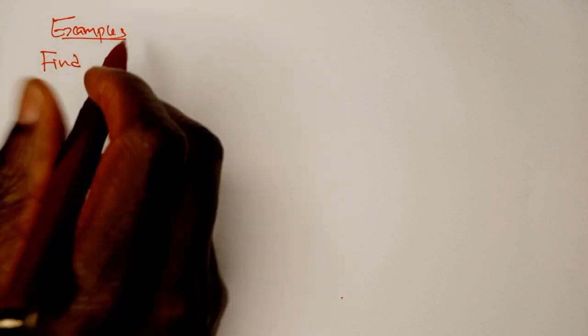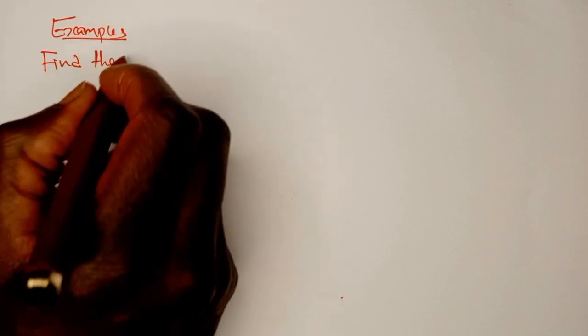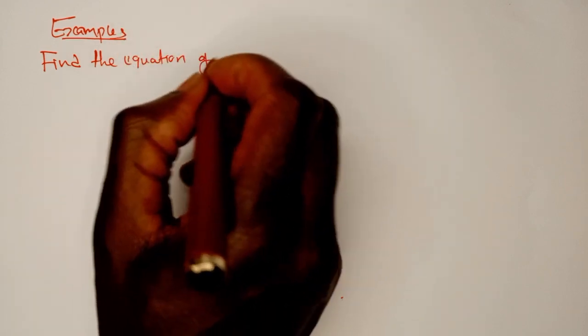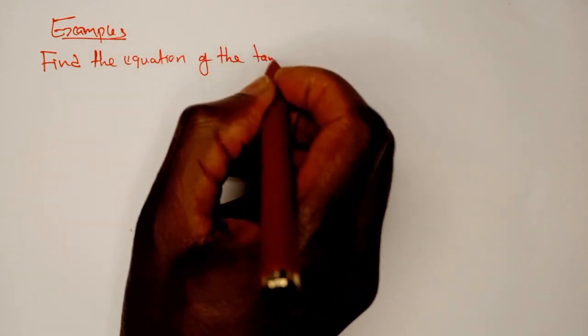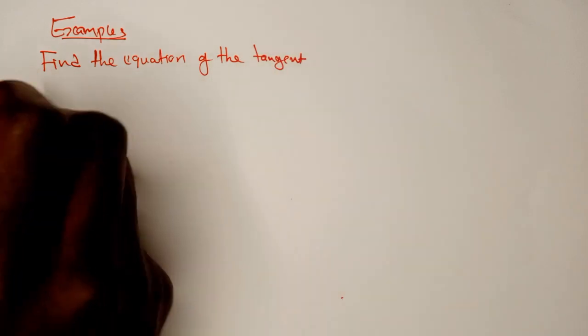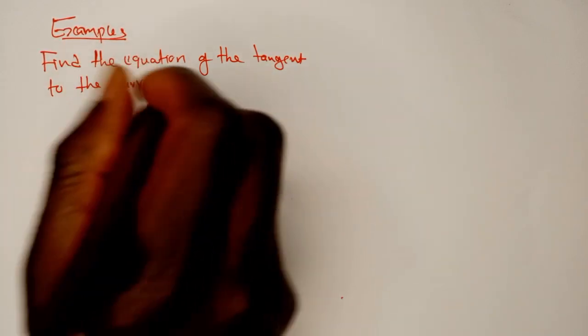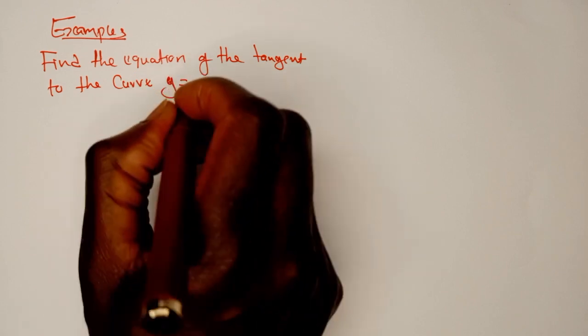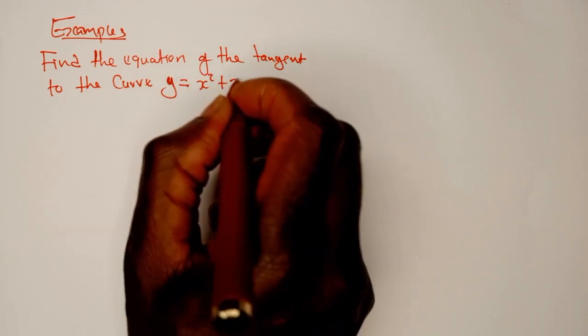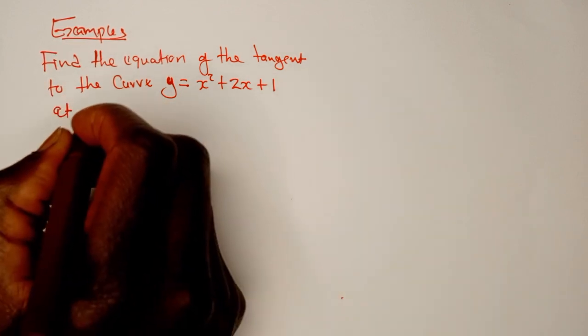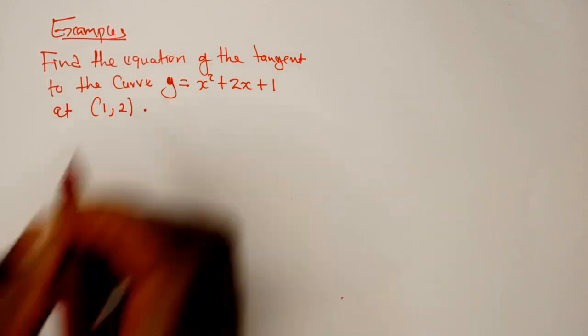Find the equation of the tangent to the curve y equals x squared plus 2x plus 1 at point (1, 2).